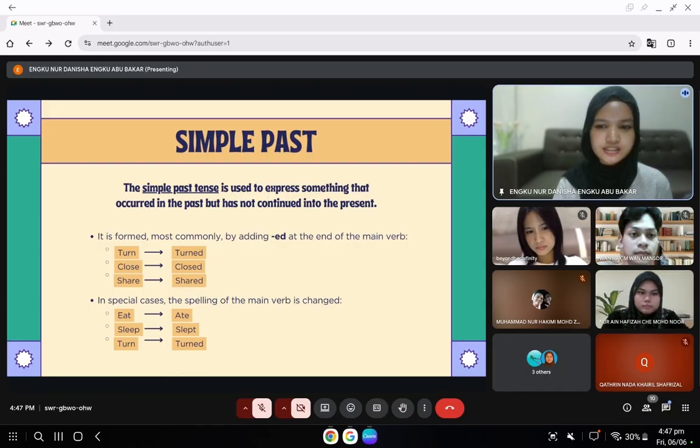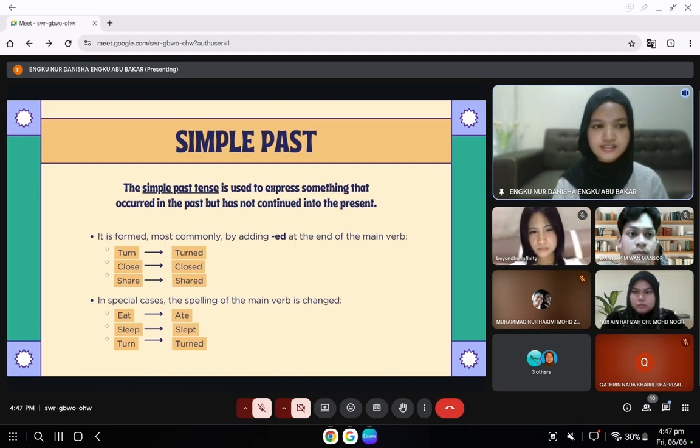But there are words that change the spelling of the main verb. There are some words that don't need ed at the back, but instead the whole spelling of the verb just changes. For example, the word eat, the simple past form of it is ate.